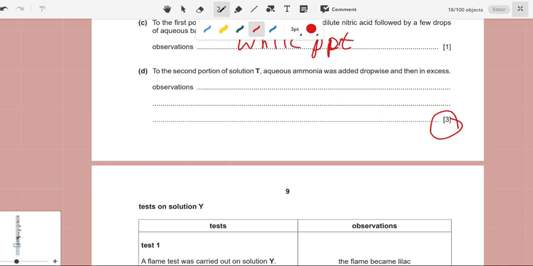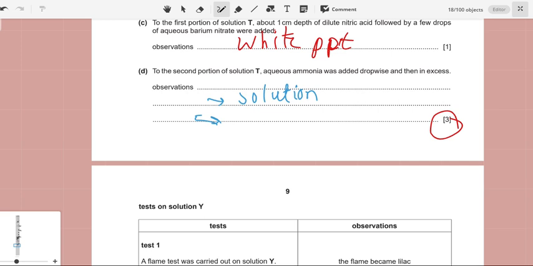The first one is, it will not form a white precipitate, it is not present in precipitate form, it is now dissolved like a solution. The color is light pale blue. And when we use excess, it will change into a deeper blue.